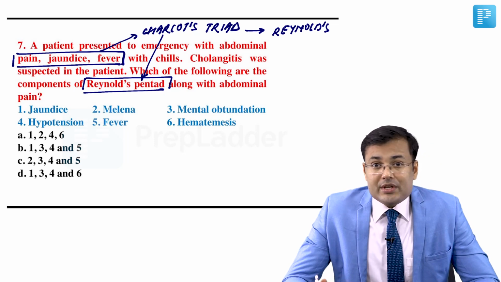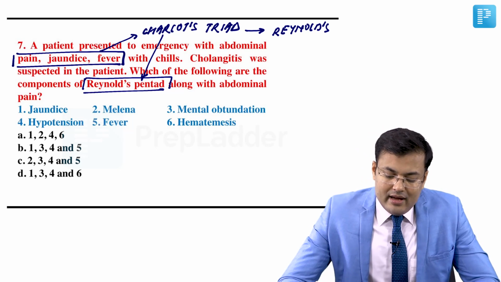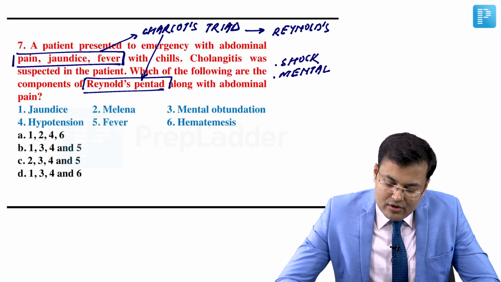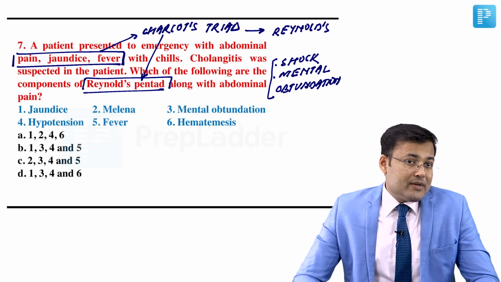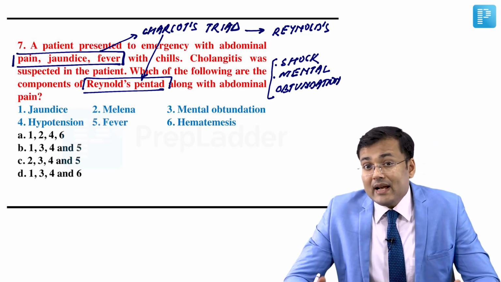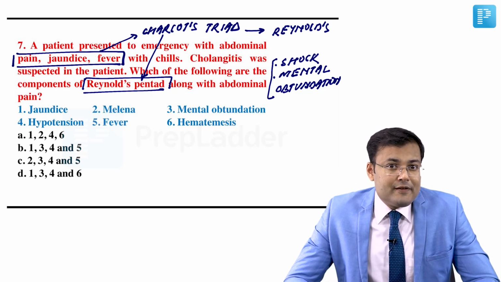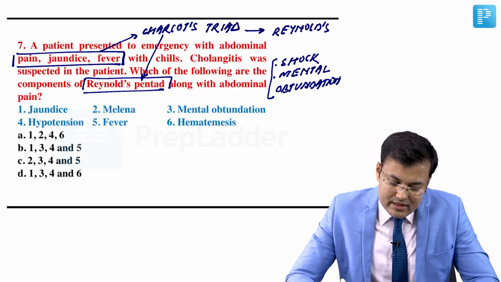So whenever in the patients of cholangitis there is pain, fever, jaundice, there is delay in the treatment, then patient is going to develop shock and mental status changes or mental obtundation. So when such patients are going to develop shock or shock and mental obtundation, this is known as Reynolds Pentad. So what are the components? Pain, jaundice, fever, shock or hypotension, mental obtundation. So see the components.